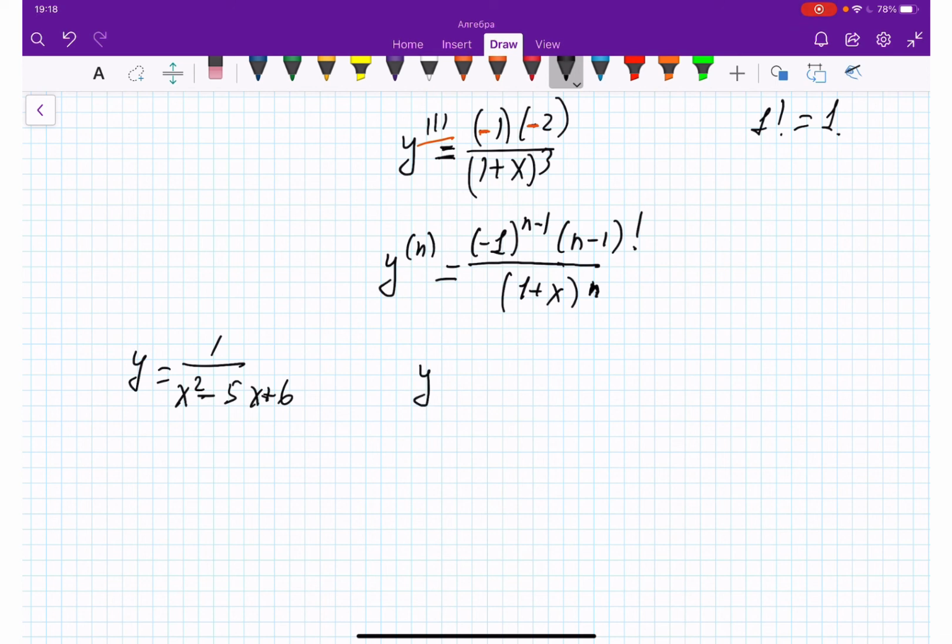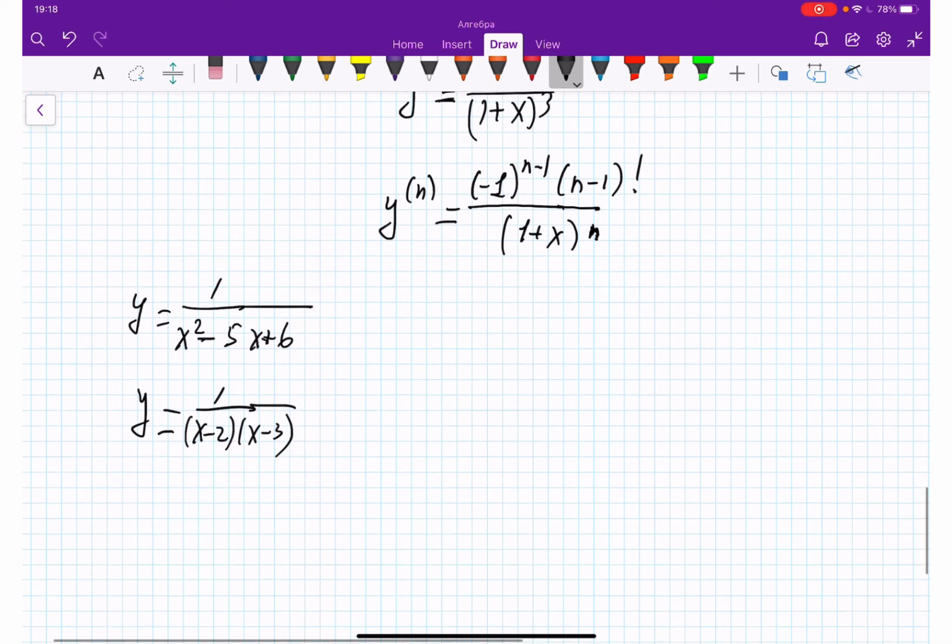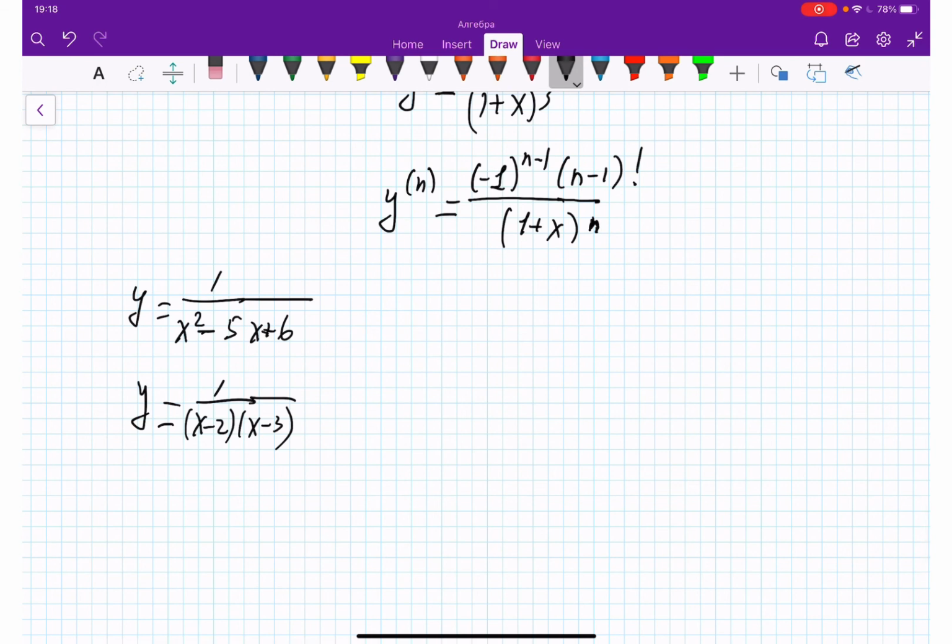Before I take the derivative, I'm going to simplify this. y is going to be equal to 1 over x minus 2 times x minus 3, which is going to be equal to 1 over x minus 3 minus 1 over x minus 2.